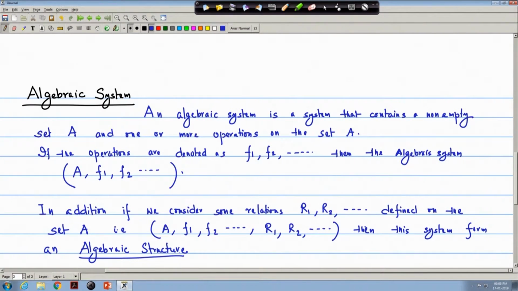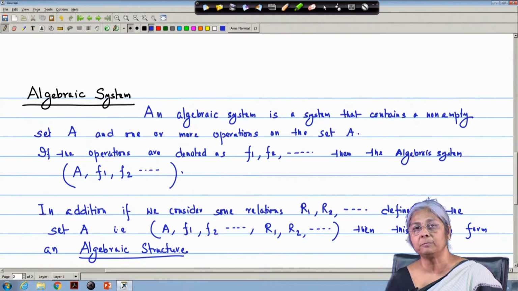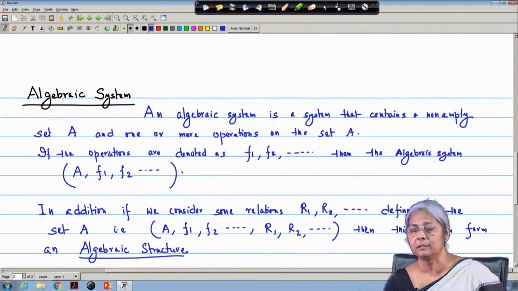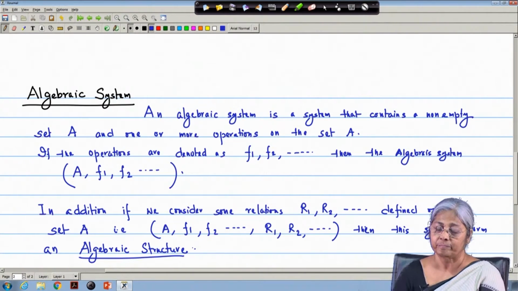So in summary, an algebraic system is a non-empty set with some operations on it. And if we define some relations on this set, then this non-empty set A, along with the functions and the relations, is my algebraic structure.